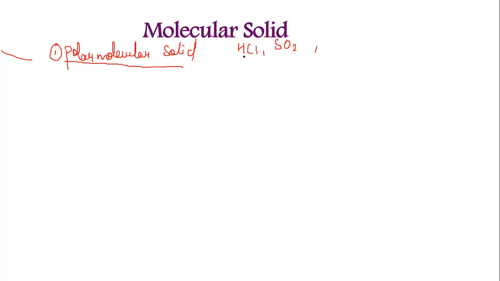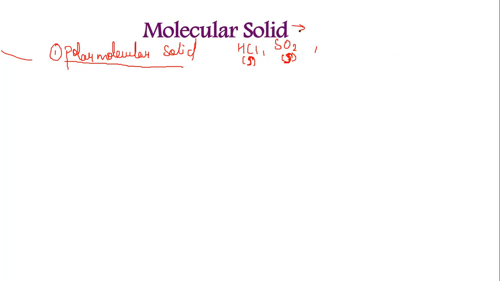Okay. Now you will say HCl तो gas state में होता है या फिर liquid state में लिखा रहेगा, ये gas state में होता है. तो फिर ये solid कैसे हो सकता है? So when this gas or liquid is converted to solid state, it is coming under molecular solids.